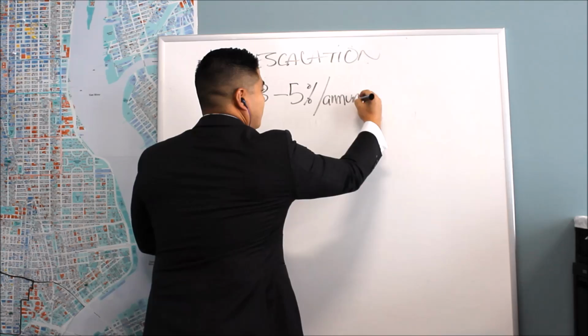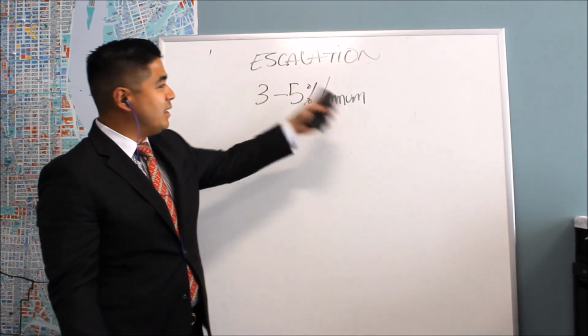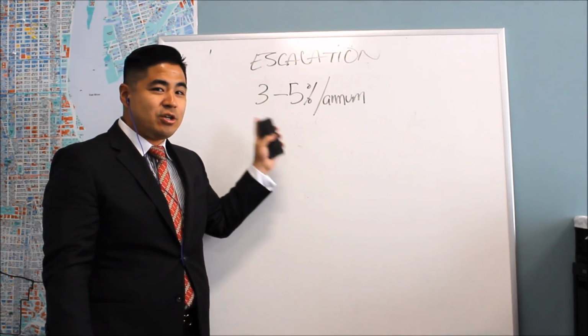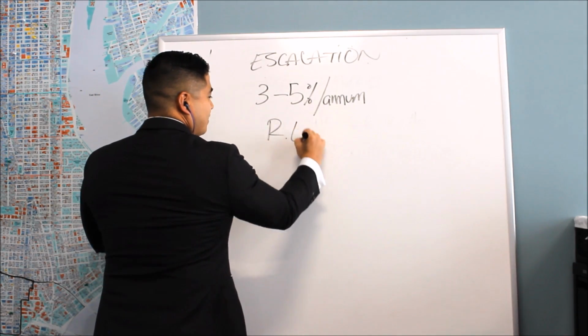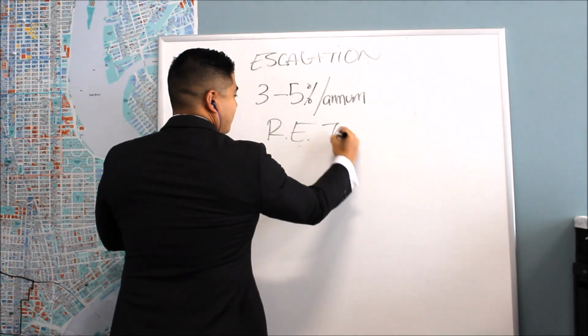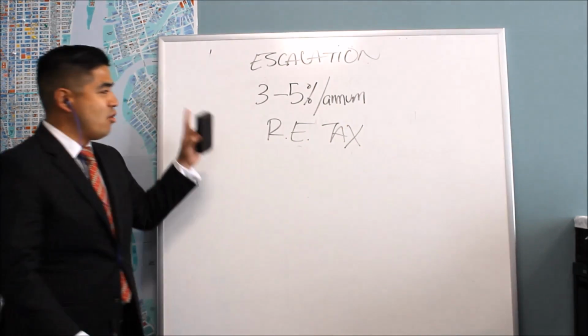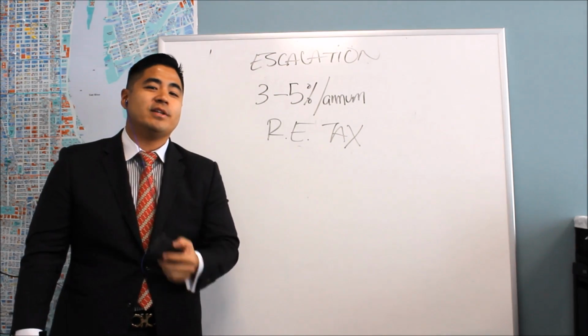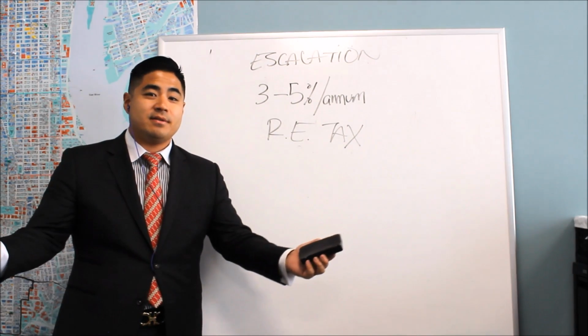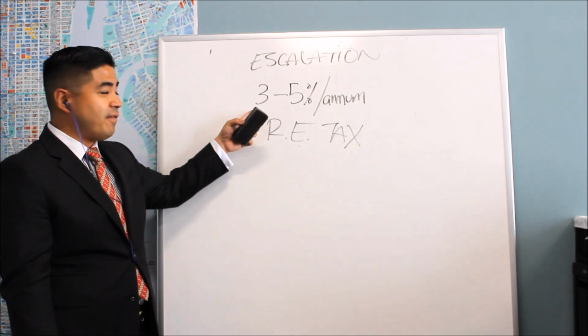That is normal. In addition to the standard 3 to 5% escalation is real estate tax. You will pay a portion of the increases of real estate tax. That's it. Okay? 3 to 5%.